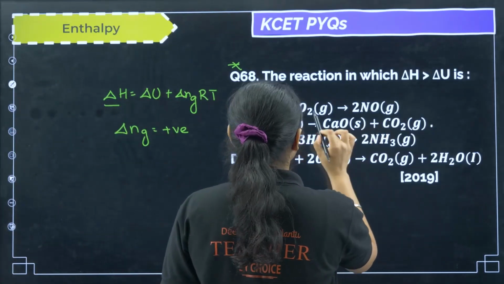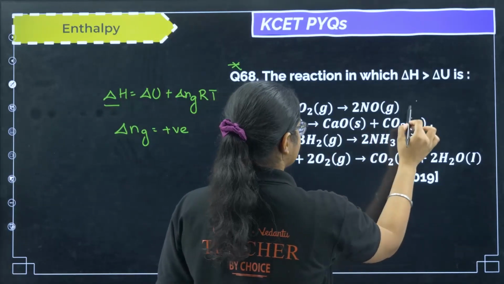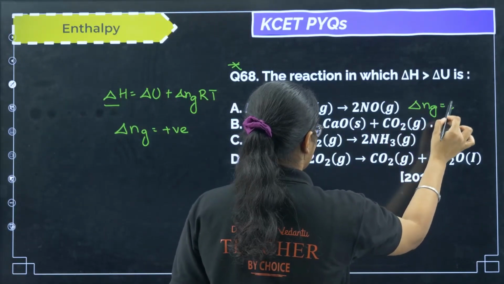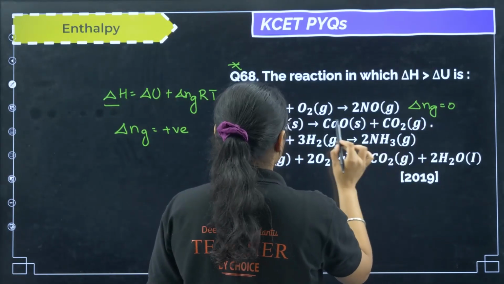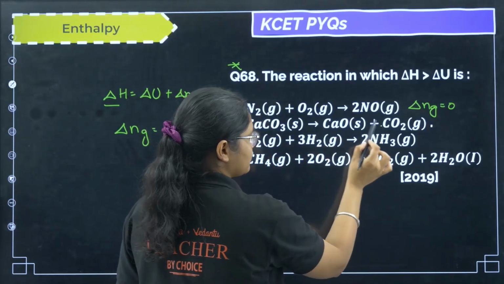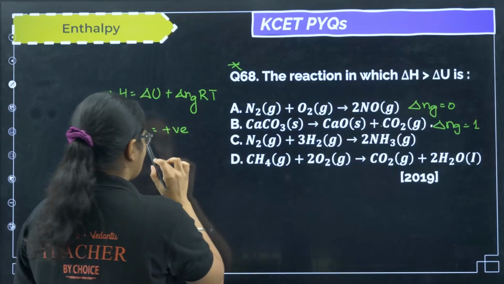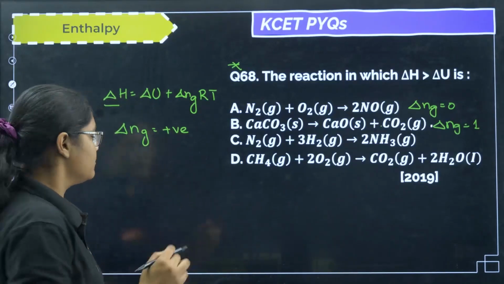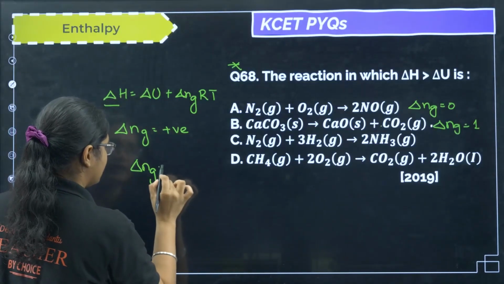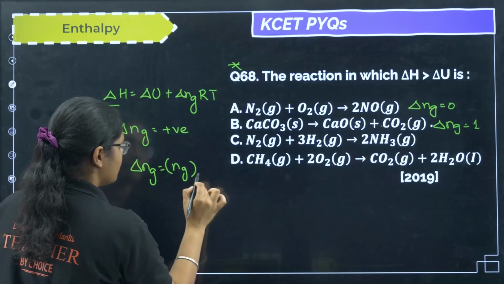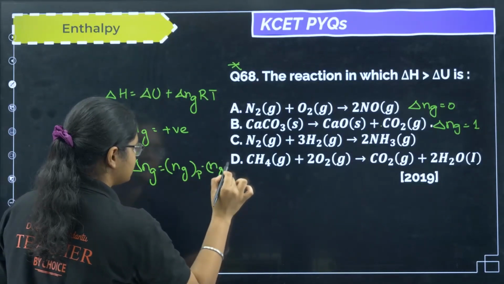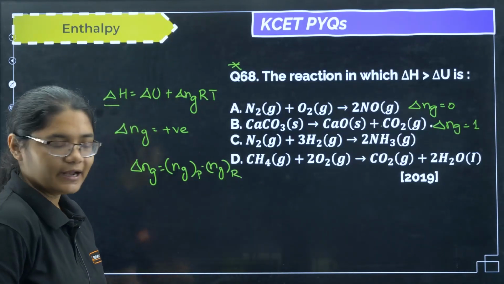So here it is 2 and here it is 1 and 1. So 2 minus 2 is 0, delta Ng is 0 here. And in this case it is 1 and here it is no gaseous molecule, so 1 minus 0 is 1, so delta Ng is equal to 1 here. G stands for gaseous molecule, so what is delta Ng? Delta Ng is the number of gaseous moles of products minus the number of gaseous moles of reactants, right?